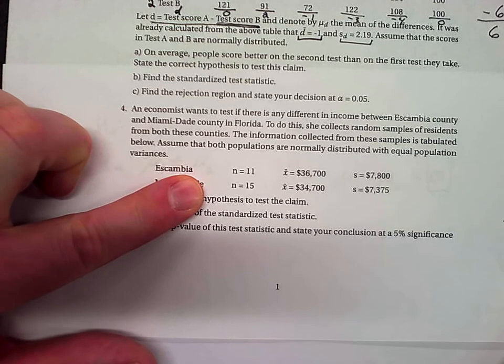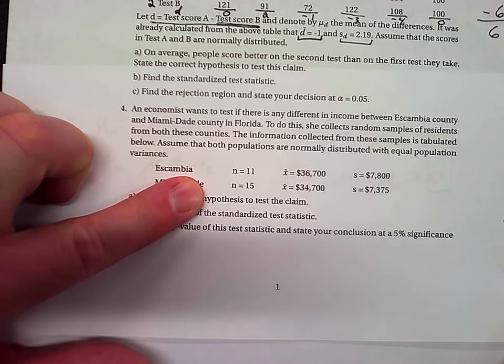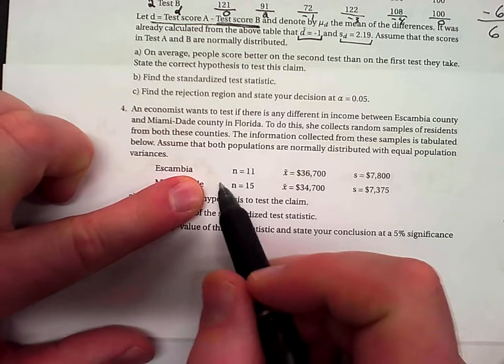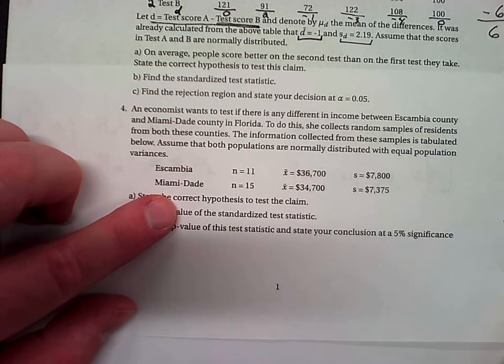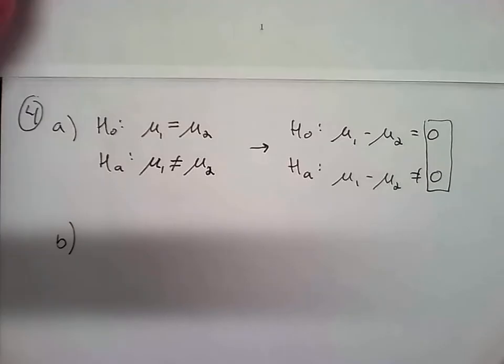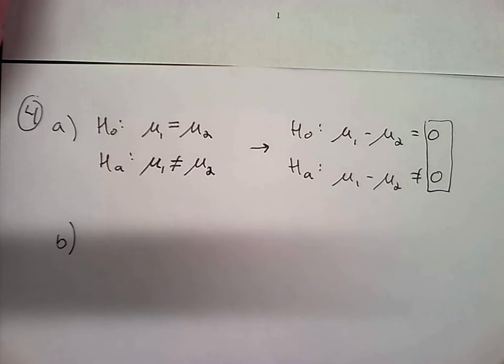If you're going back to the same group. But here we're not going back to the same group. We're going to a different group, a different county altogether. So therefore, it's not paired. It's independent samples. Does that make sense?